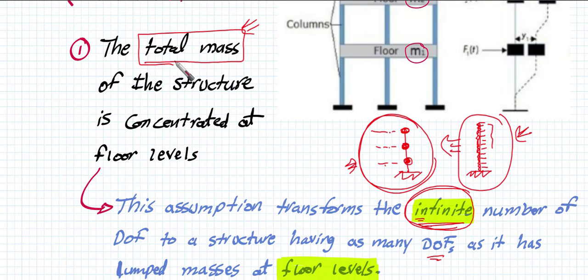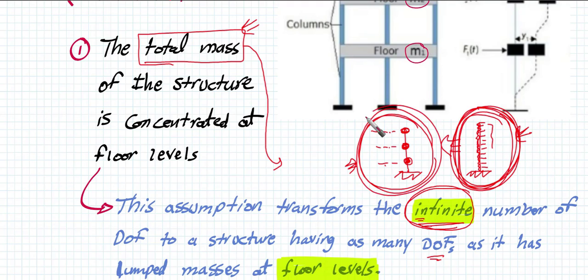The meaning of total mass, as I said, the key word or the interpretation of it, is that the total mass of the structure is concentrated at the floor level. It means that we are going to transform the problem from a continuous system to a discrete system.